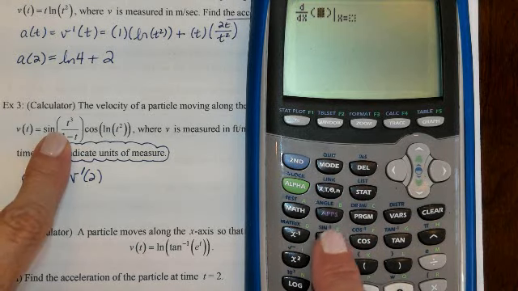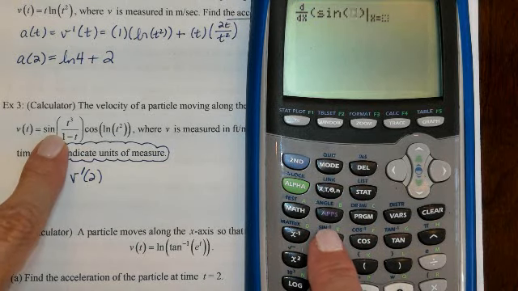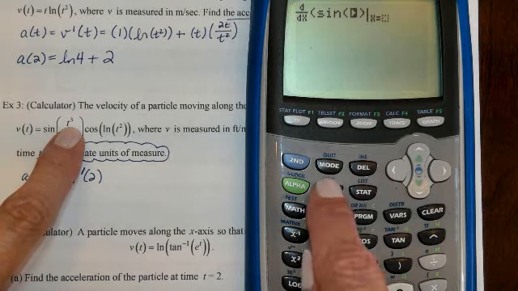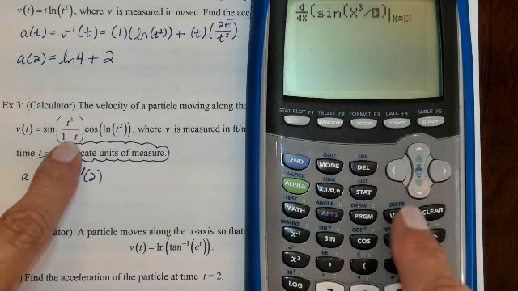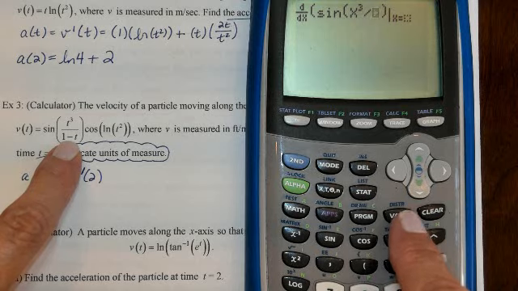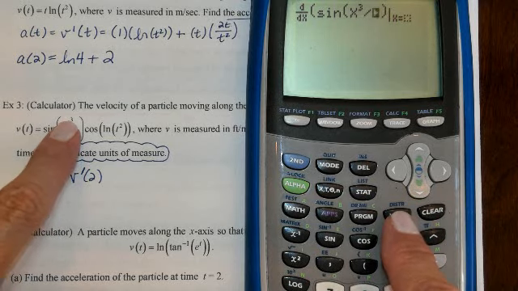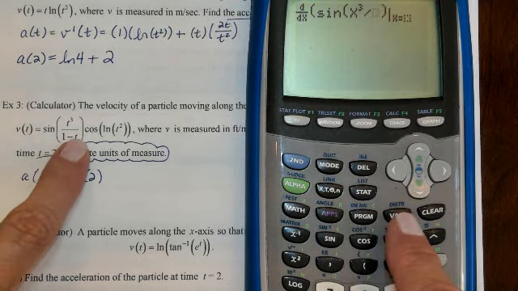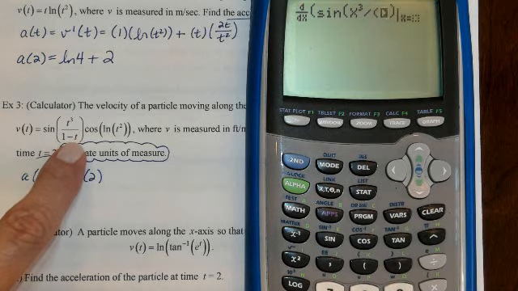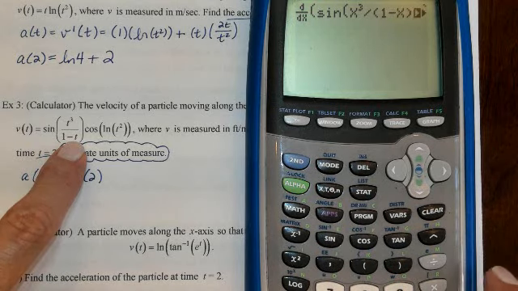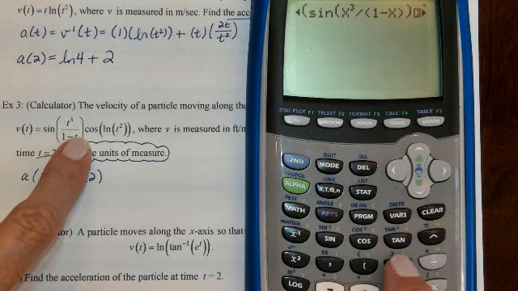So now we're going to very carefully put this in. I need sine of t cubed, so x cubed, divided by, in the denominator, I need parentheses around that denominator. If you don't, it'll only divide your x cubed by 1, and then it'll subtract x from the entire thing. So put parentheses around any sum or difference if it's in a numerator or denominator. Now I need to close my parentheses on the sine.